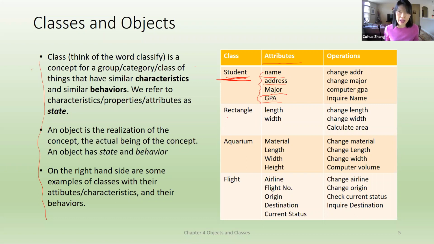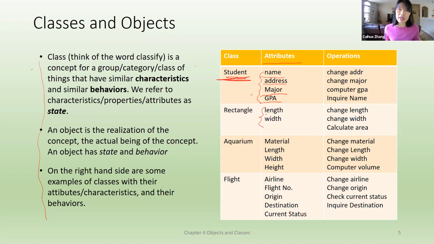So these are the characteristics of a student, right? And for a rectangle, how do you define a rectangle? When you talk about a rectangle, what immediately comes to mind? Length and width, right? Those are the characteristics of a rectangle. What else do you think about? The area, right?